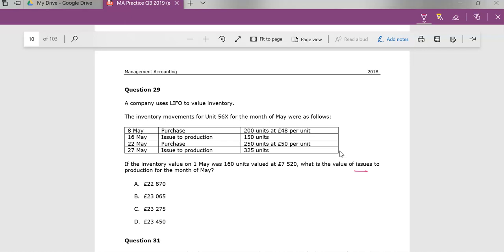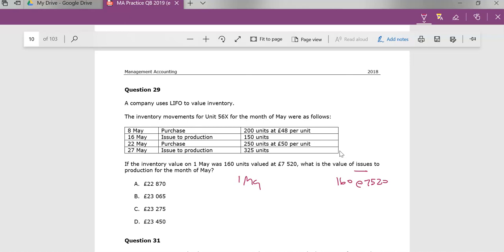We have a scenario where on the 1st of May you have some stock in place. Make sure you have a method for keeping a good register of what's taking place. You're basically looking at what's happening in closing inventory in the warehouse.